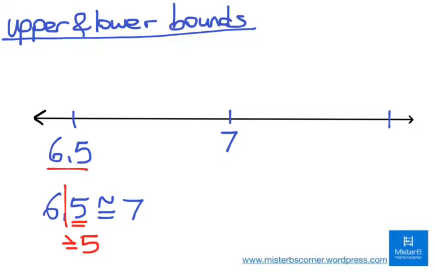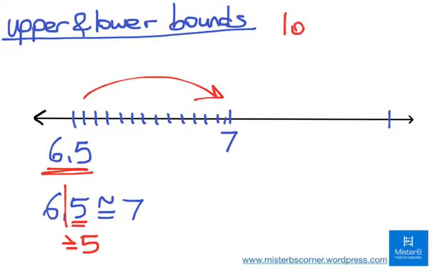So 6.5 will round up to 7. So any number bigger than 6.5, all these numbers will round up to 7. So I can say that the lower bound for this 7 is 6.5.